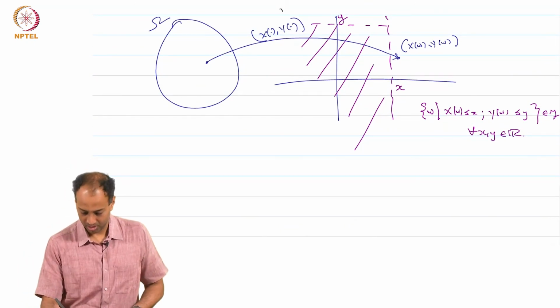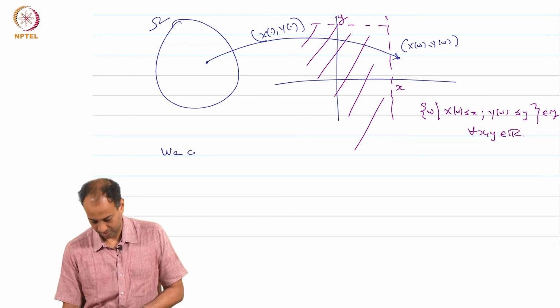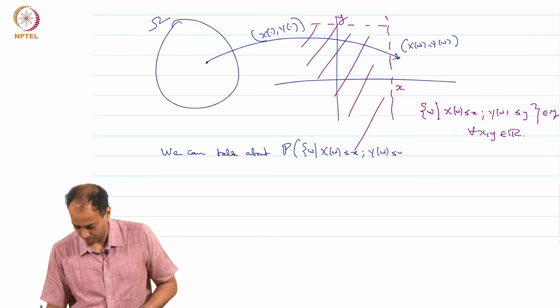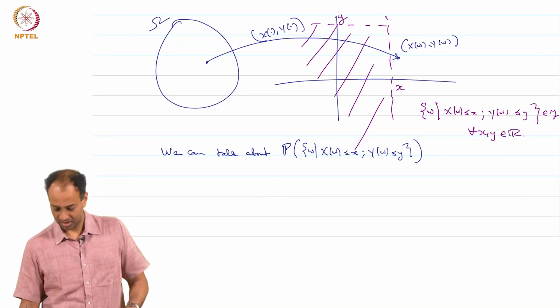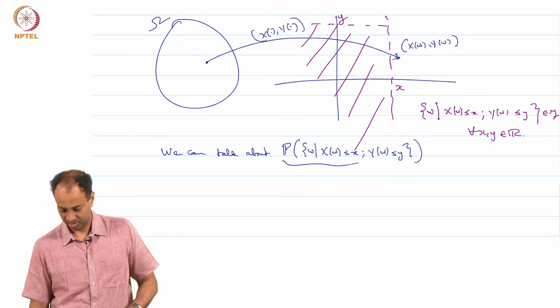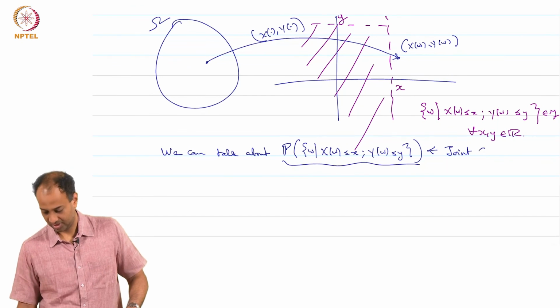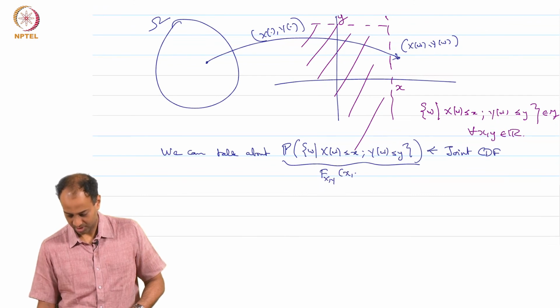So, we can talk about the probability that x of omega is less than or equal to x and y of omega is less than or equal to y, and that is the joint CDF, denoted by F x comma y of little x comma little y.